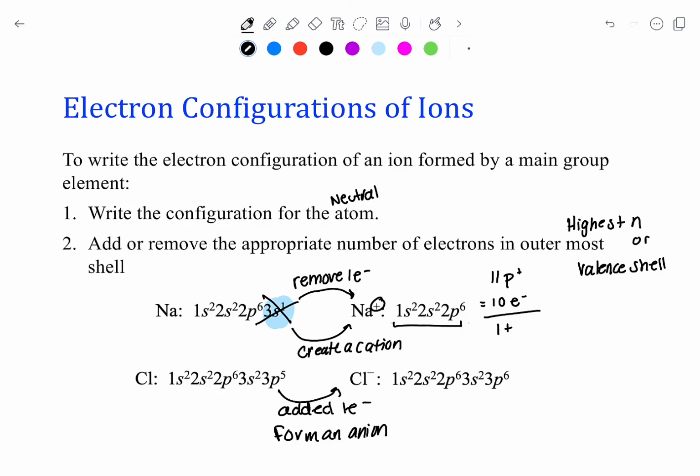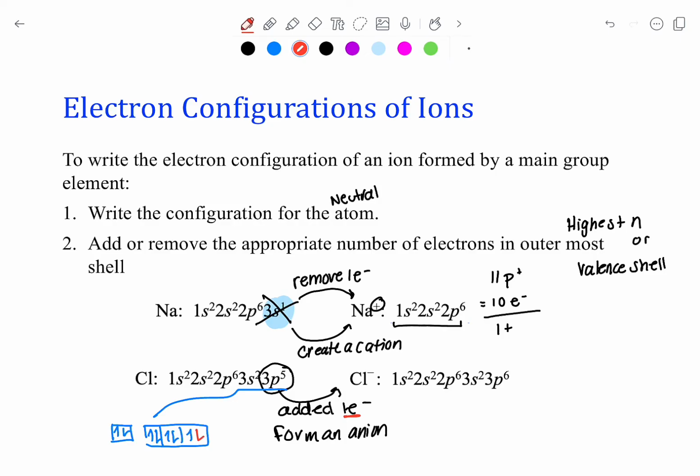So that 1 electron is going to be added to our outermost shell and specifically to our p orbitals, because if we look at our 3s and 3p, I have 3s2, 3p5, 1, 2, 3, 4, 5. The one electron that we're going to add only has one place to go, and it's going to go right in that p orbital.